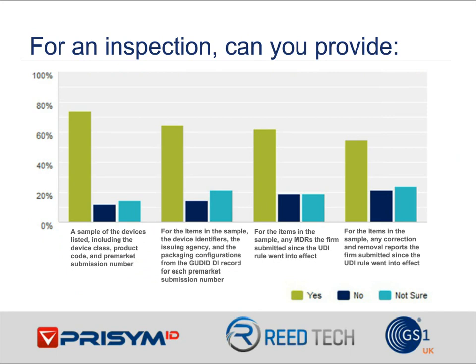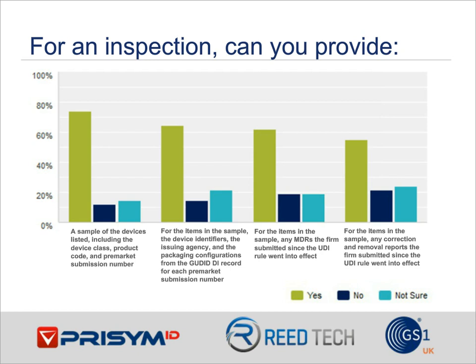which is for an inspection, can you provide? So Gary, you can take a look at these results here. The question was, can you provide, and given the following identifiers under each one of the bar graphs, what do you see in these results? I know you've had a chance to study them and look at them.